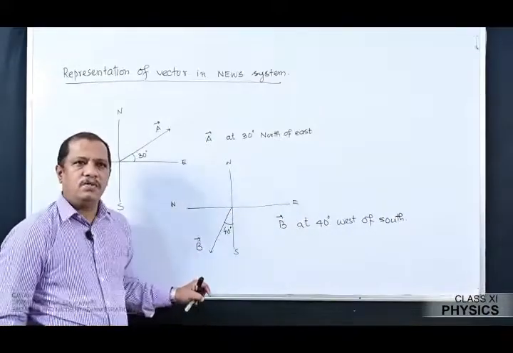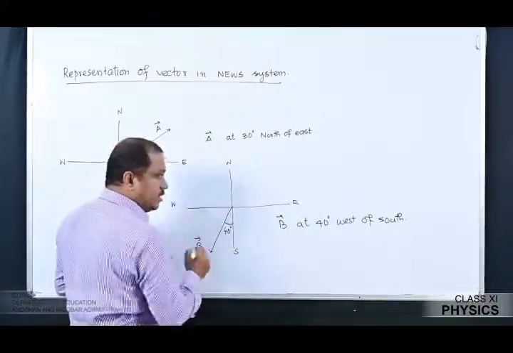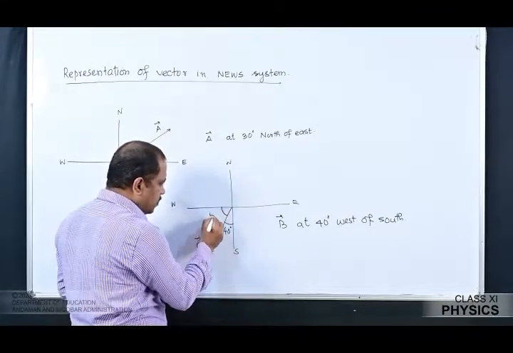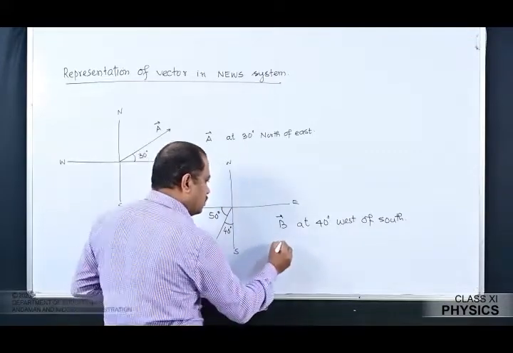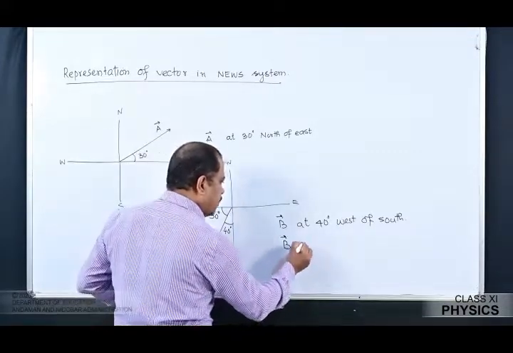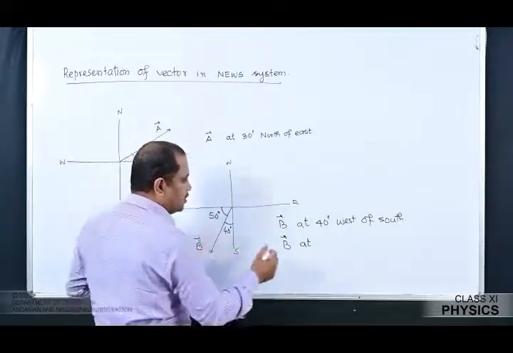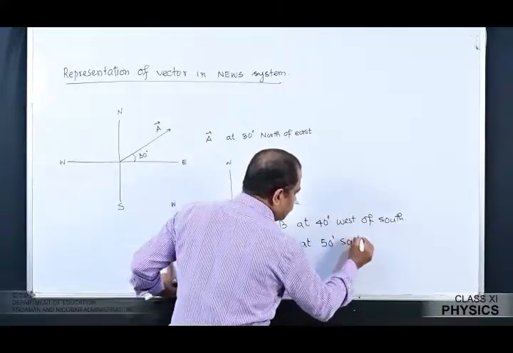Rather, another student would say that, sir, this total angle is 90 degree. So if this is 40, then this would be 50. So he would claim, shall I say like this, vector B at 50 degree south of west.